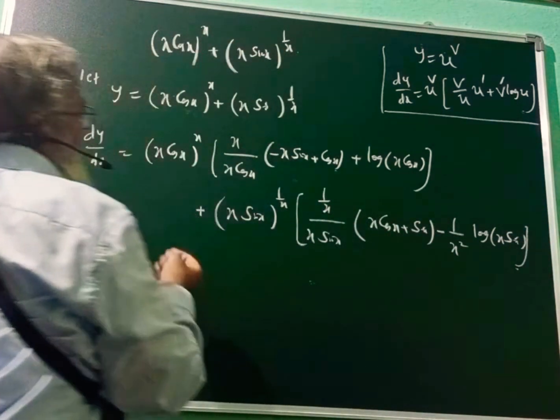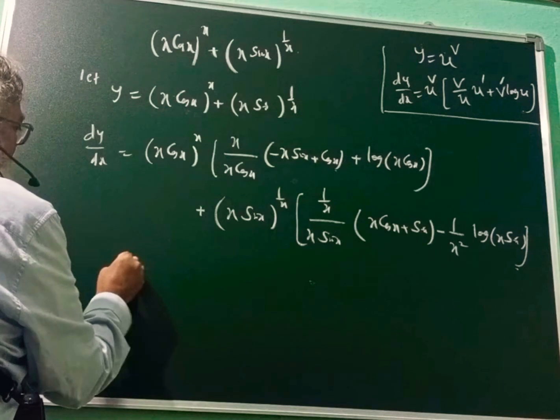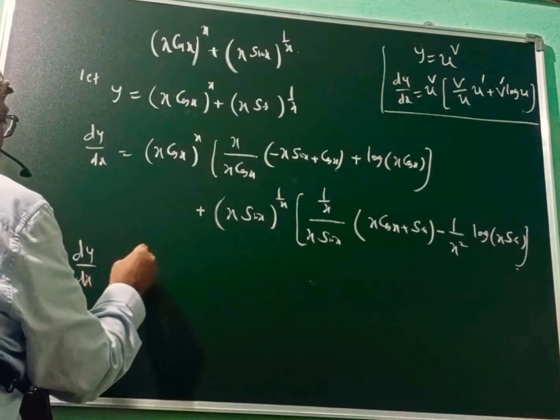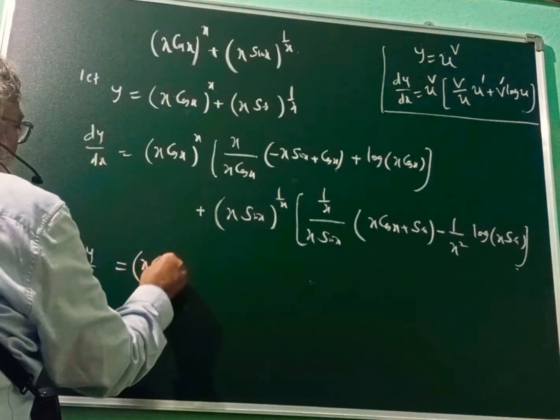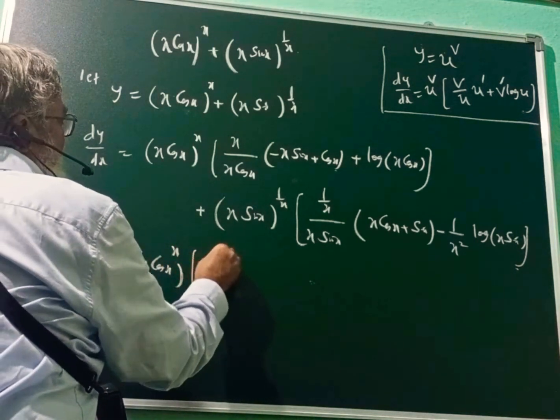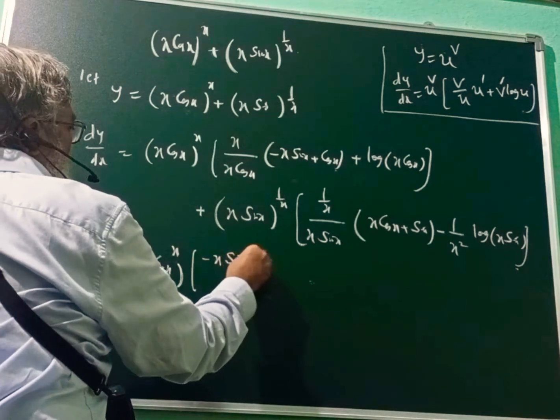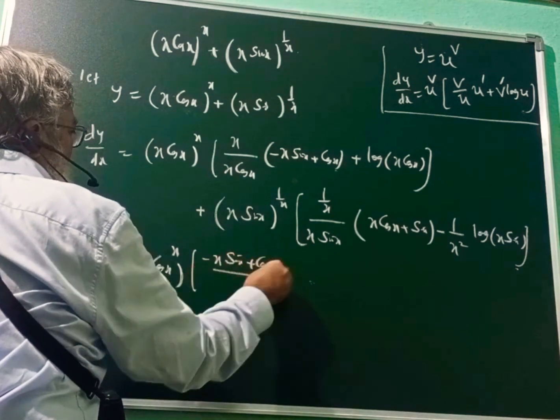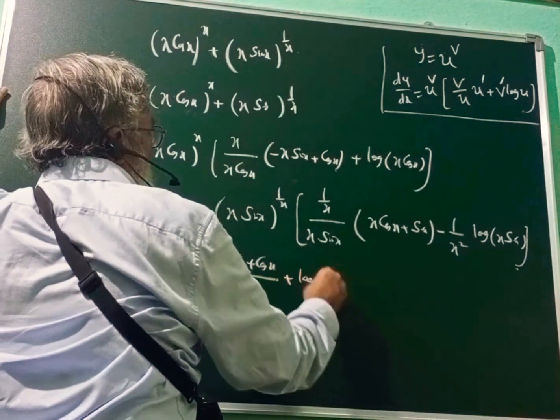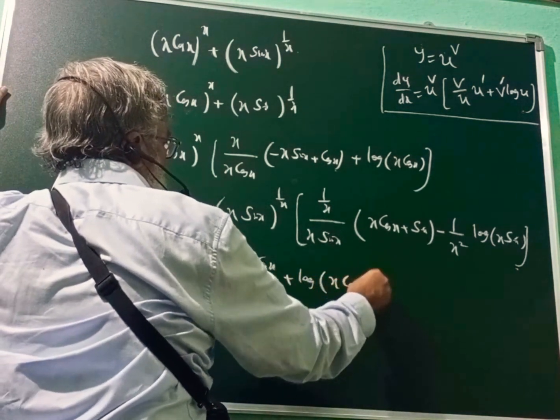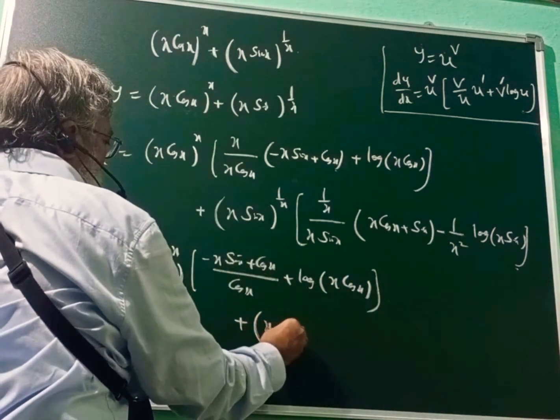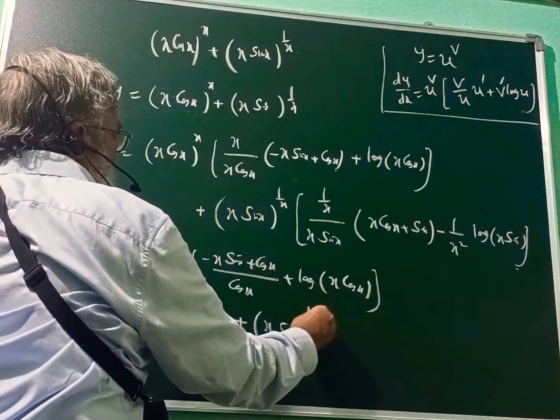Now if we can simplify, we should simplify it. That is dy by dx is equal to x cos x raised to x, and here x gets cancelled, (minus x sin x plus cos x) by cos x plus log of x cos x, plus x sin x raised to 1 by x.